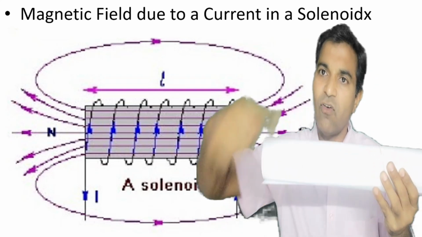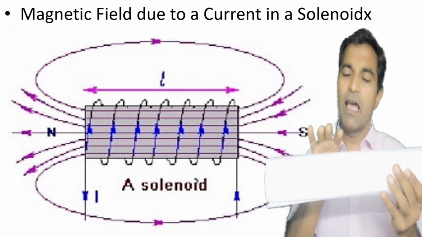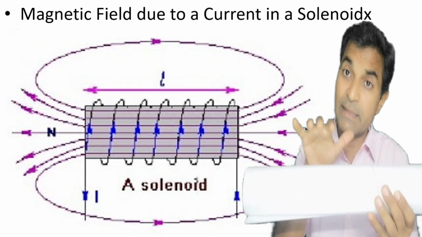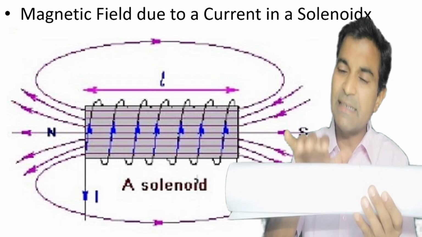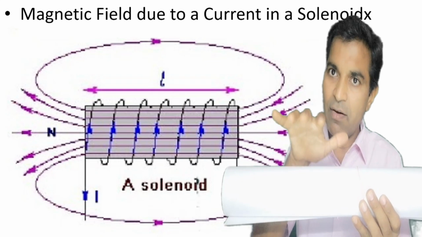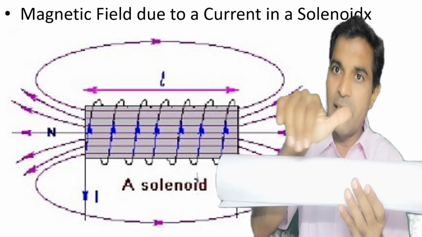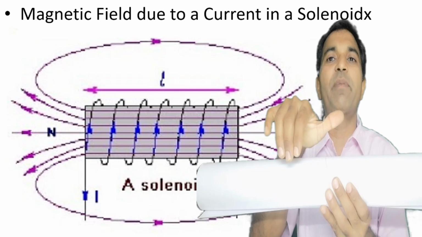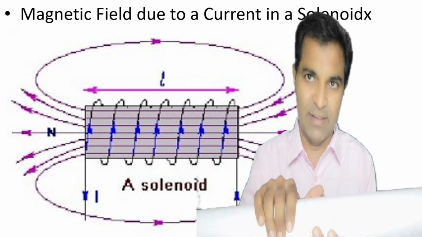If current flows like this, and if the direction of the current in these turns is represented by our fingers like this, then the direction of the thumb will represent the direction of the magnetic field.